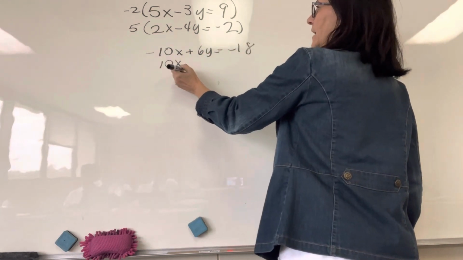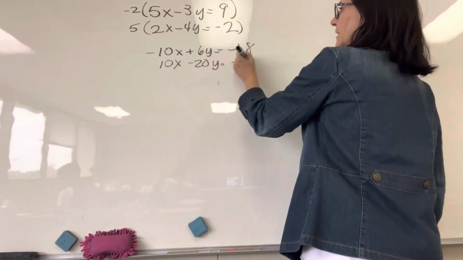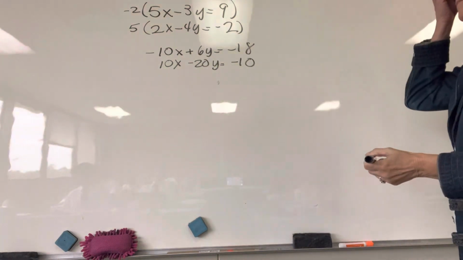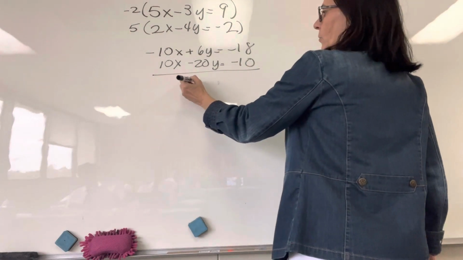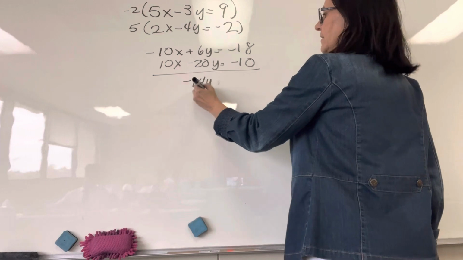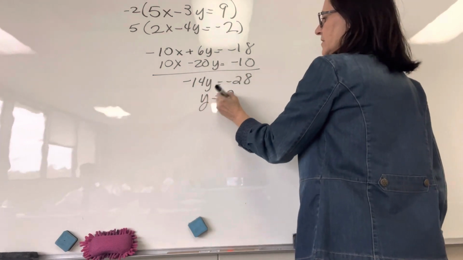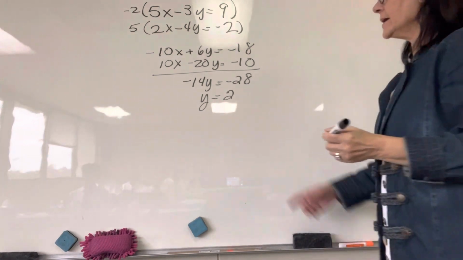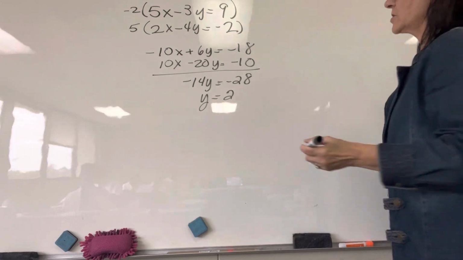And then we have 10x minus 20y equals negative 10. Our x's eliminate. We're left with negative 14y is negative 28, so y is positive 2.